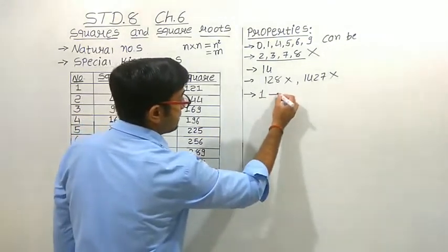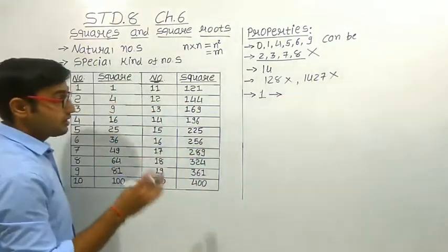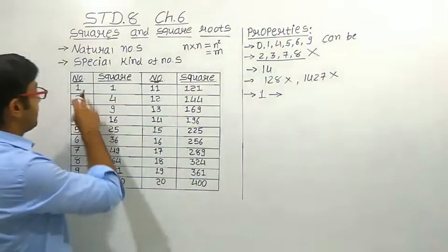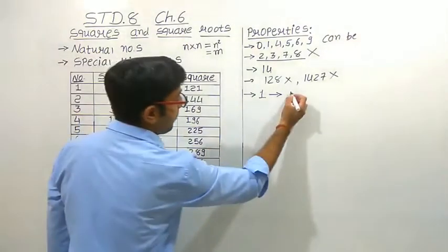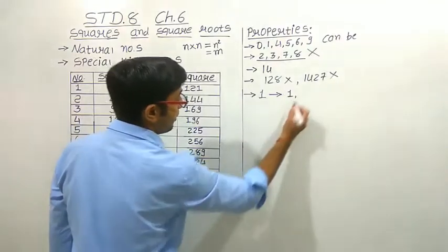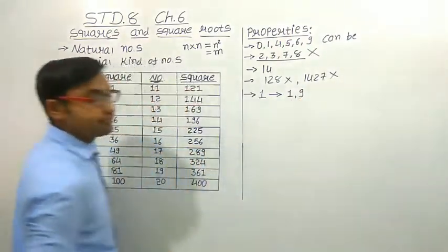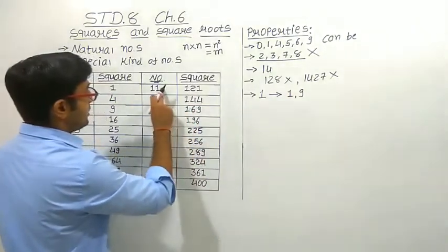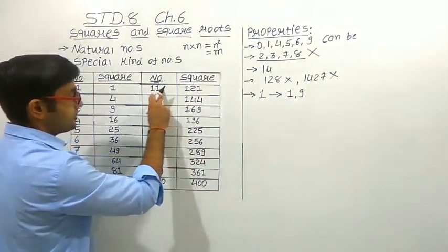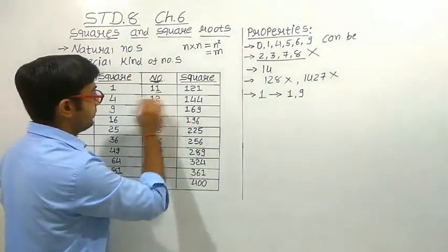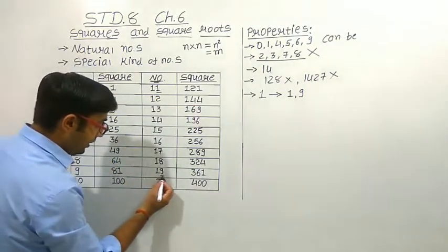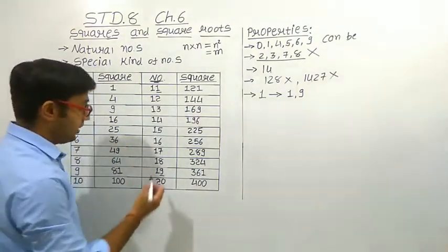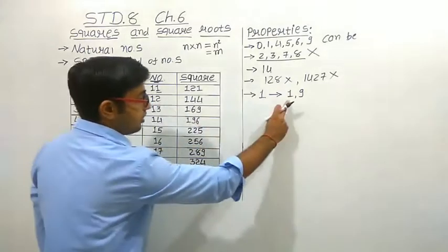It is the square of a number which has a unit place number either 1 or 9. Do not understand? See here. This number 11 has a unit place number 1 and this number 19 has a unit place number 9. So 1 and 9.